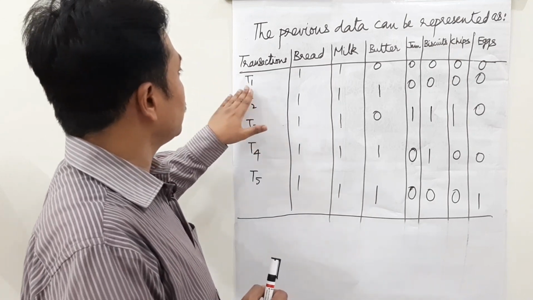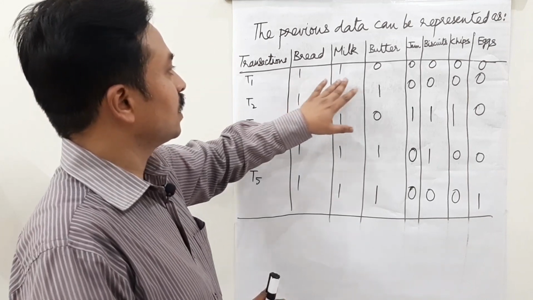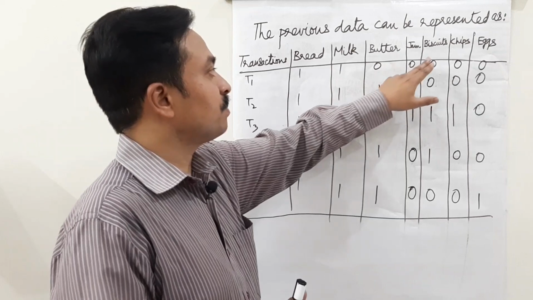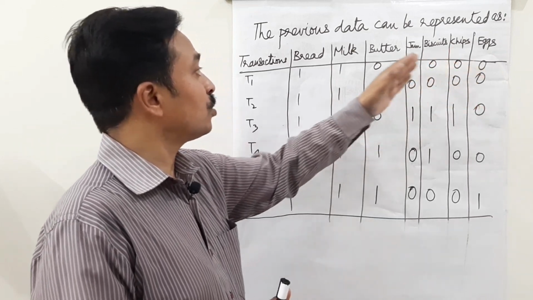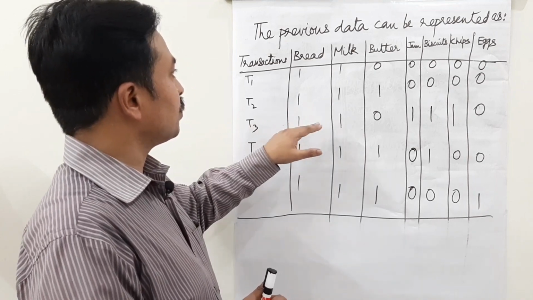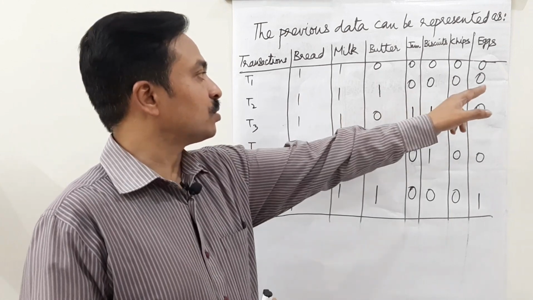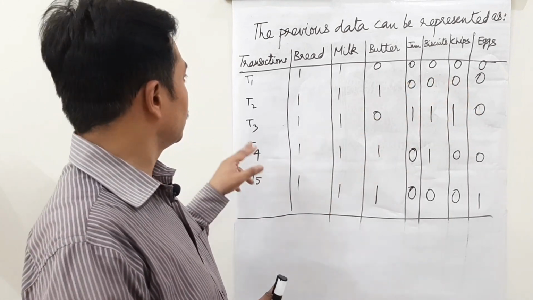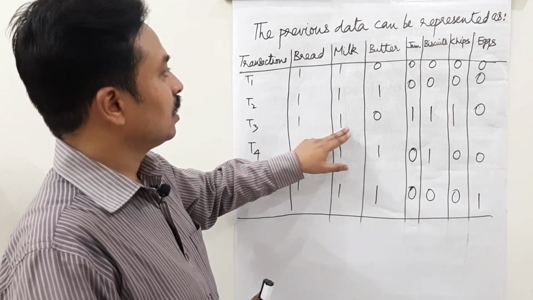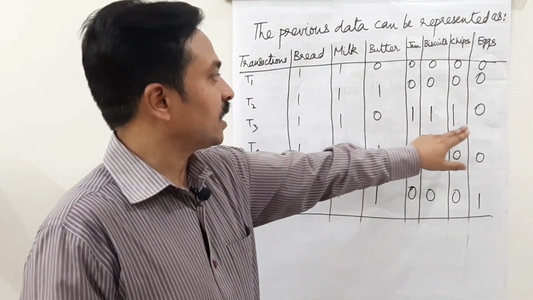Say for example, in the transaction T1, the items purchased are bread and milk only, while butter, jam, biscuits, chips and eggs were not purchased. In the transaction T2, the items purchased are bread, milk and butter, while the rest of these items were not purchased. In the transaction T3, bread, milk, jam, biscuits and chips were purchased, while butter and eggs were not.